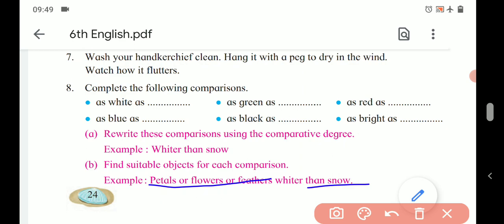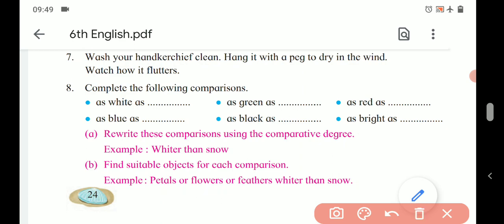Next, if we think of the example bright, so if you write as bright as a star, you can mention the sun is brighter than other stars, or you can think of eyes are brighter than a star.